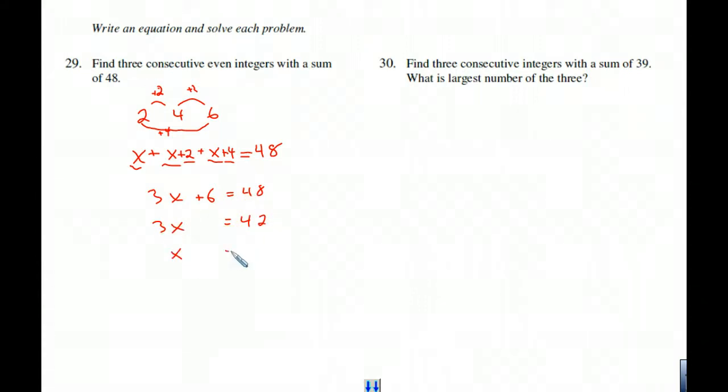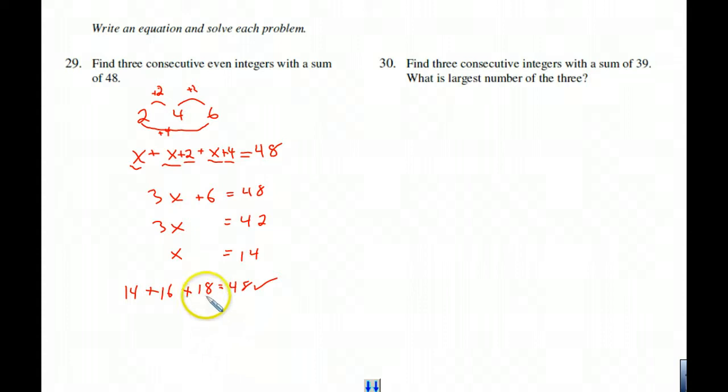Divide both sides by 3. 3 goes into 42, let's see, 14 times. So I know the first number is 14, the next even number is 16, the next even number is 18, and if you do check that, they do add up to 48.